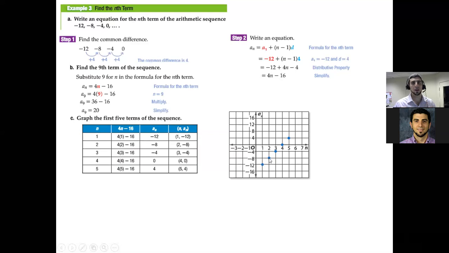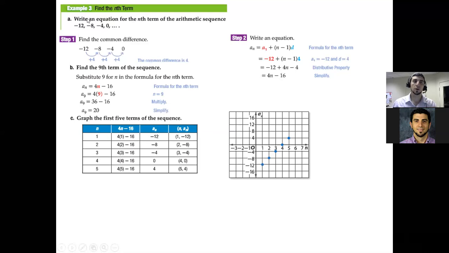Now, here's the thing. These are discrete functions, which means they are a collection of points that are disconnected. So you would not draw a line through there, because if you drew a line through there, it would imply that all the points in between the blue dots here are part of the sequence. But the sequence is just individual numbers. It's not all the numbers in between.